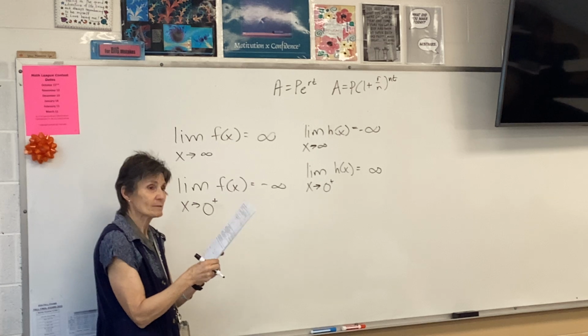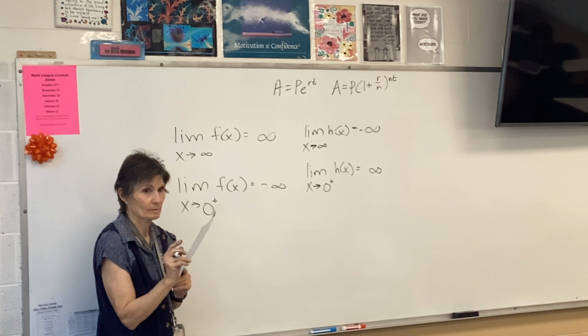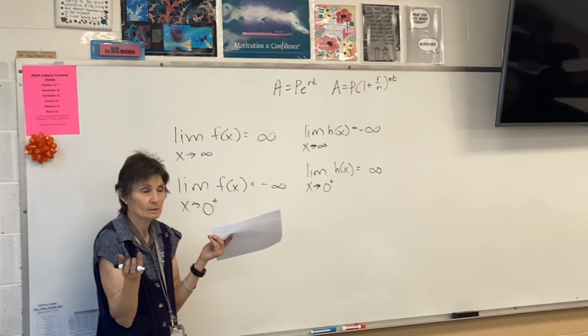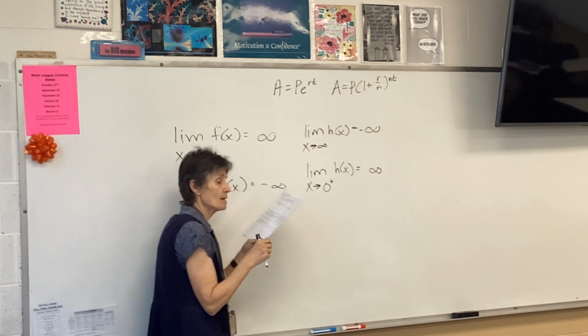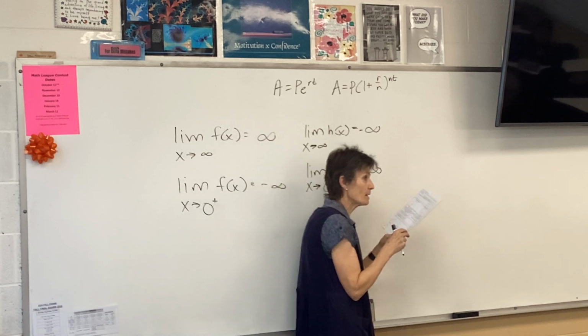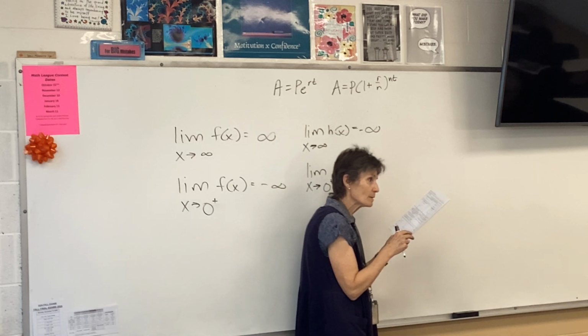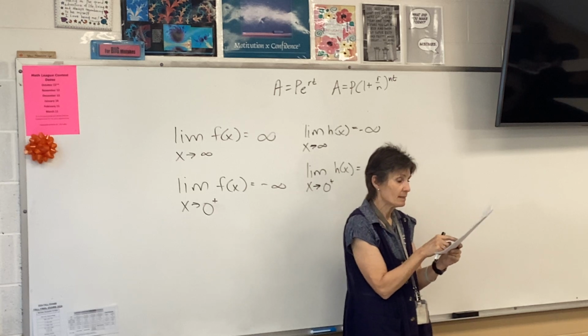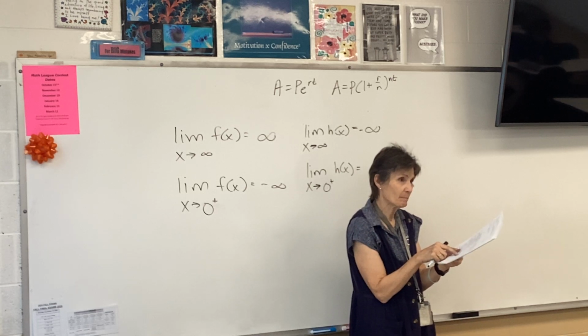All right, now what about C? There's no picture. There's just the equation. Notice that the coefficient out in front is positive. So which shape are we going to have? Are we going to have a shape like example A or a shape like B?